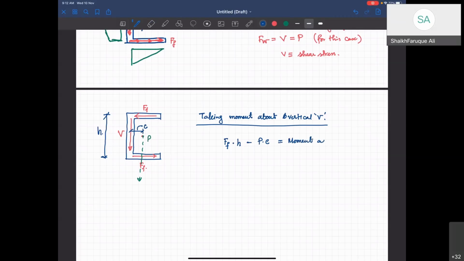Moment acting on the cross section, right? But please note, external force is applied at the centroid, right, of the channel section.